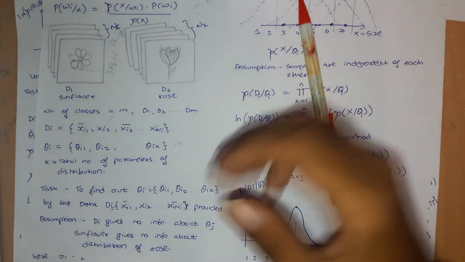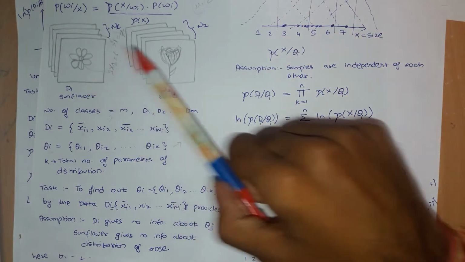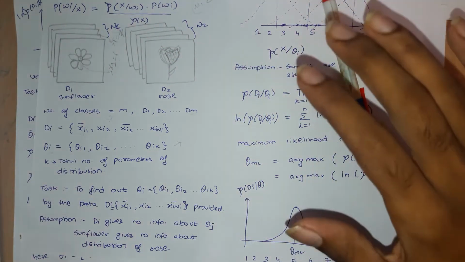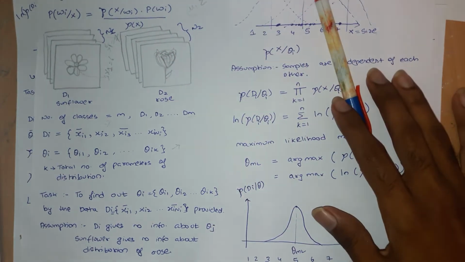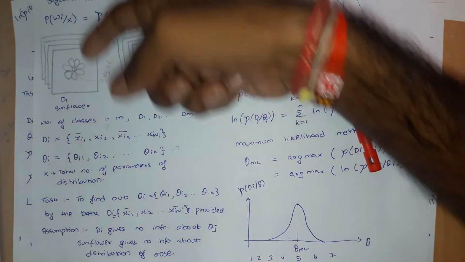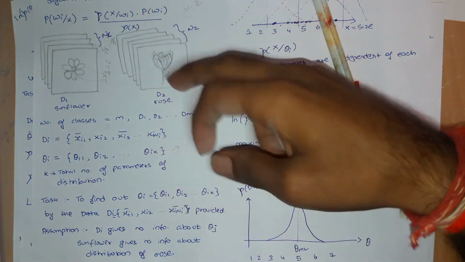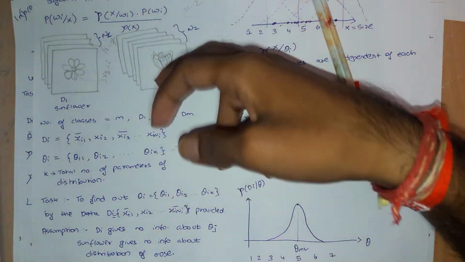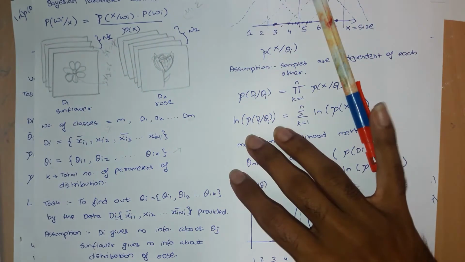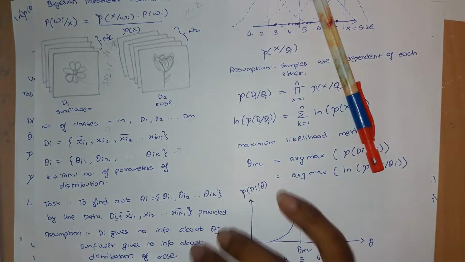There can be some classes where the data of one class affects the mean of the other class. In most cases this assumption holds, because the data of sunflower will never tell you something about the mean of the roses, or the data of roses about the mean of the sunflower. But in some other cases this may not be true. So we are going with this assumption.